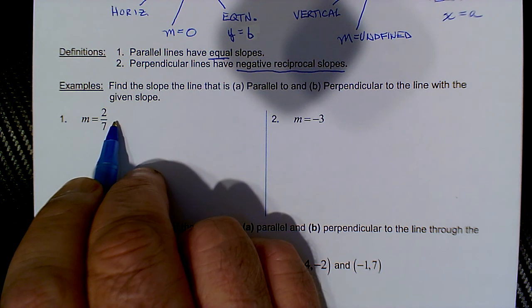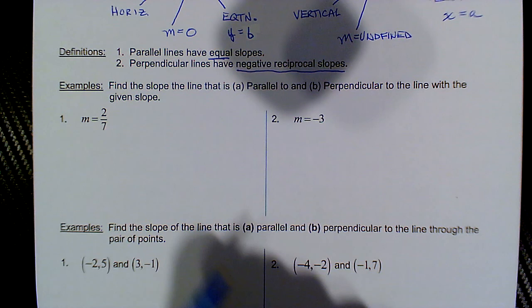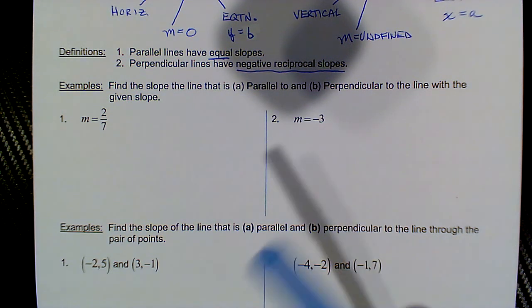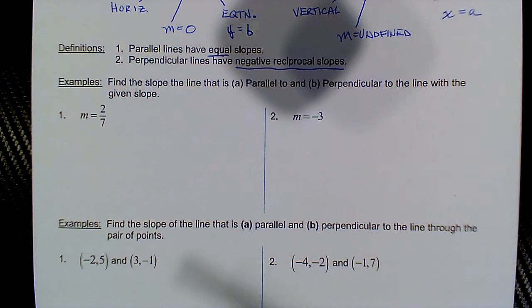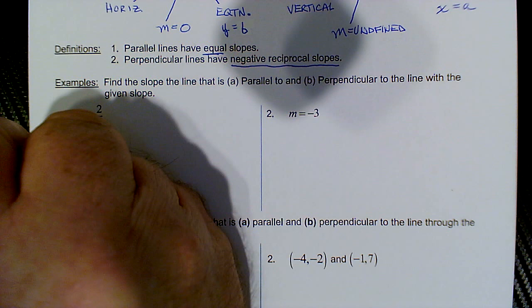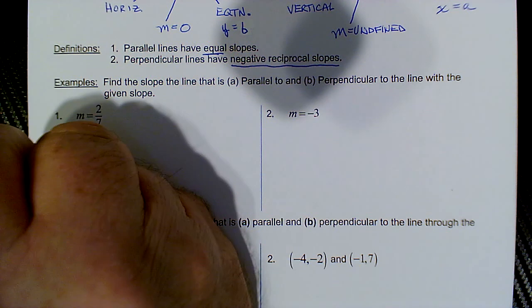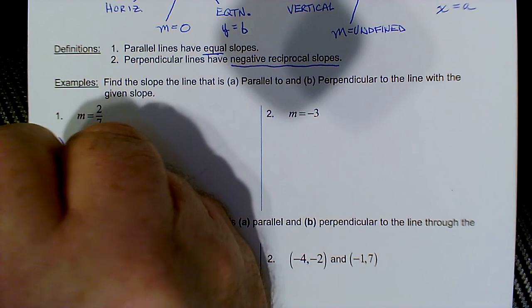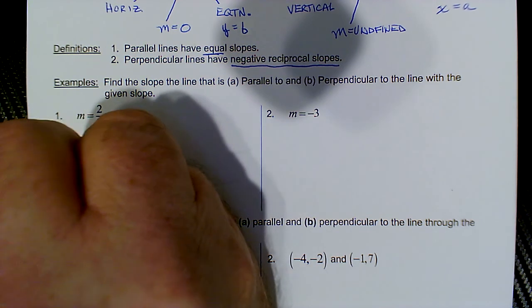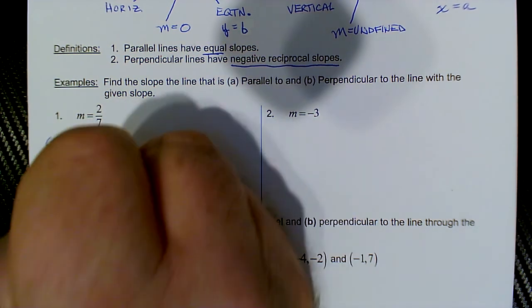Okay, so then the final questions are classics. There are 2 examples here, and we want to find the slopes of parallel and perpendicular lines that pass through these points. The idea is that parallel lines look like this. Their slopes are equal, so they never touch.